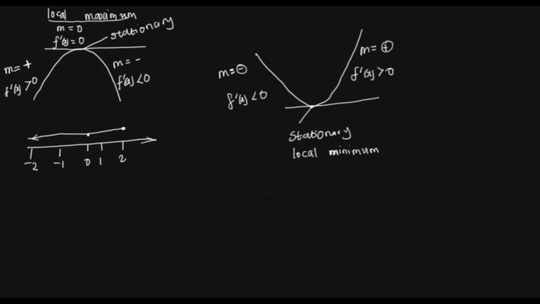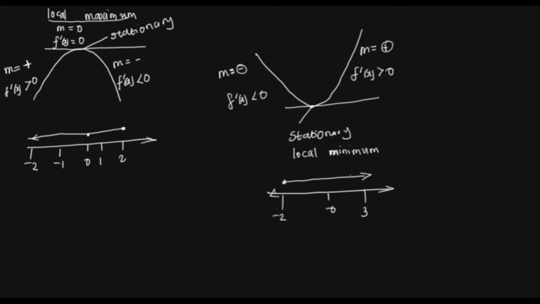So if we are to draw a number line here, we have 3, and here we can say we have -2. So as we can see, we are moving from a negative, then going to the positive.